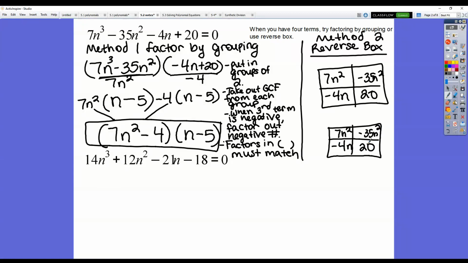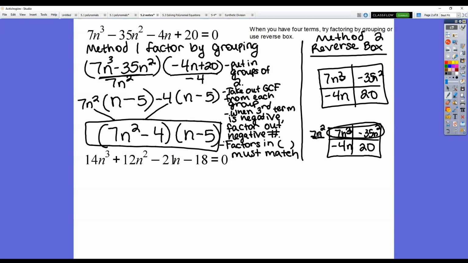Okay, think about what's the greatest common factor here. Okay, what's the greatest common factor here? 7n squared. I did it again, that should be cubed. 7n squared is the greatest common factor.